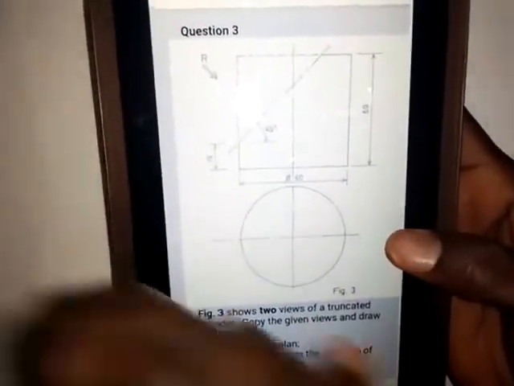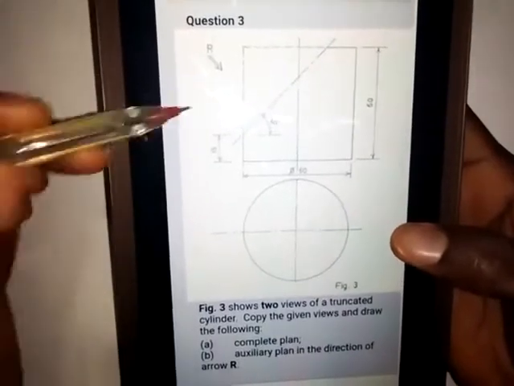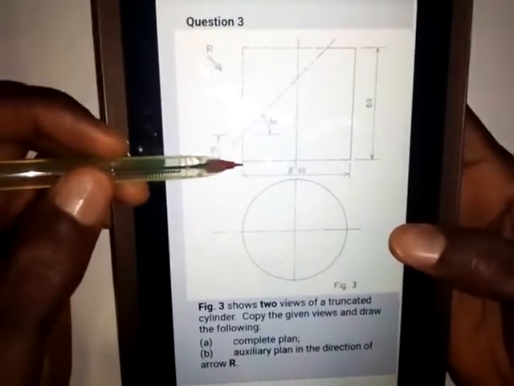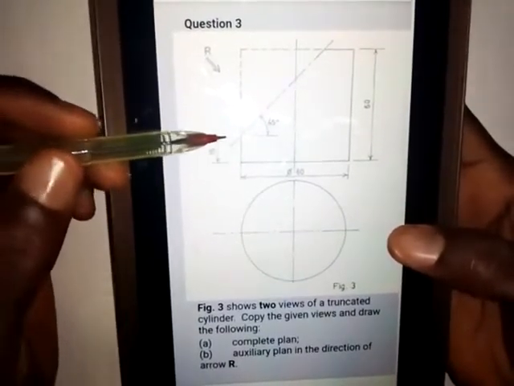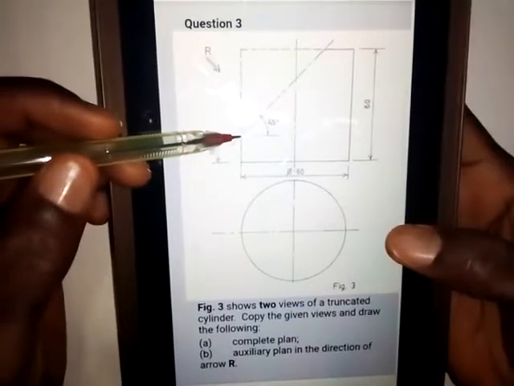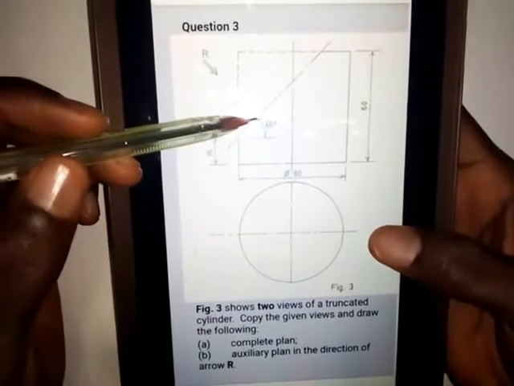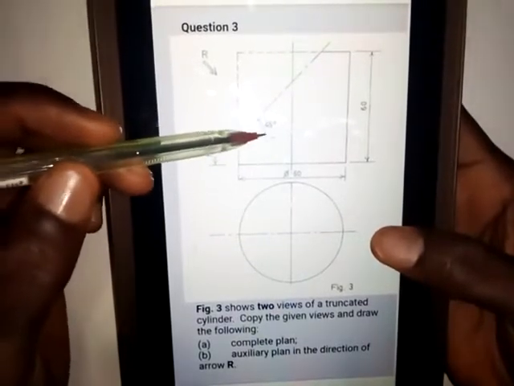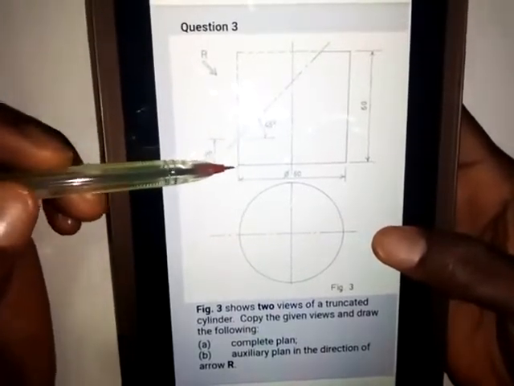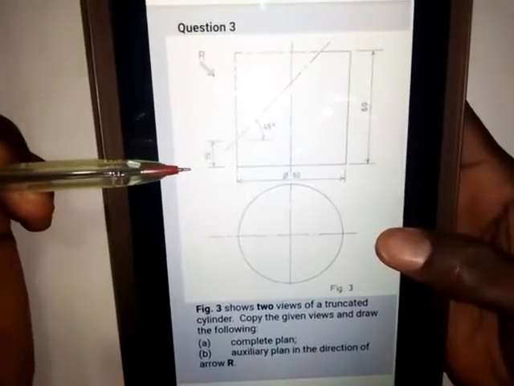The distance of this point from the base of the cylinder is 15 millimeters. That is the point that the cutting plane touches here, 15 millimeters from the base of the cylinder, and then the cutting plane is inclined at an angle of 45 degrees to the horizontal. So those are things that you need to bear in mind.